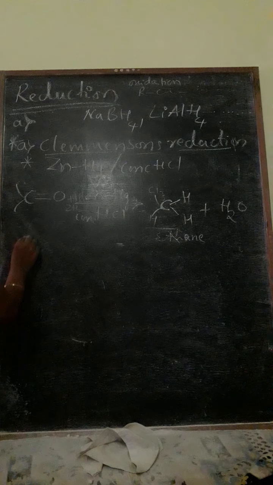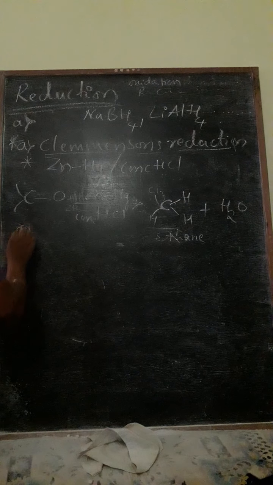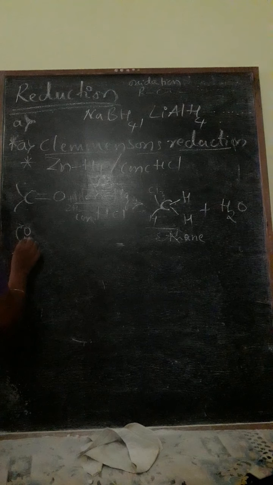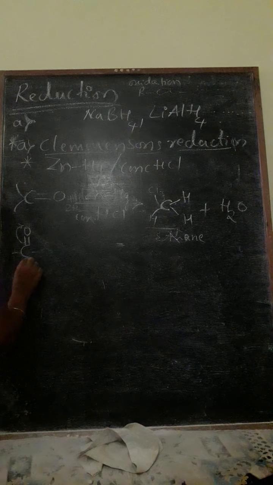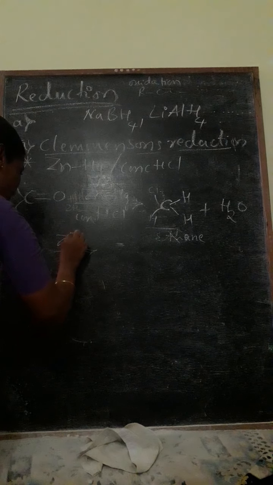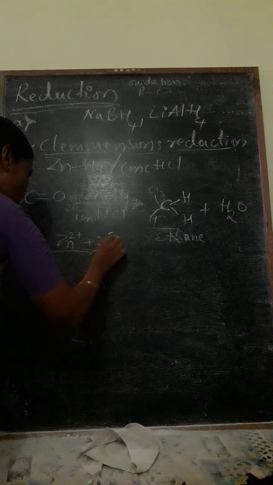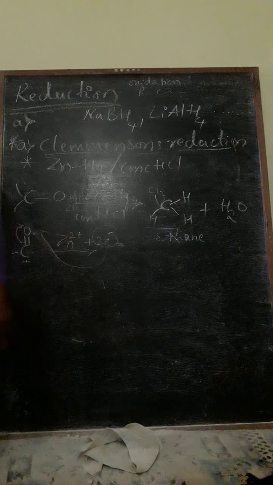Zinc is playing a very important role. In this case, oxygen is more electronegative, pulls electrons towards itself and becomes negative. Zn always loses electrons. Those two electrons go towards the oxygen.